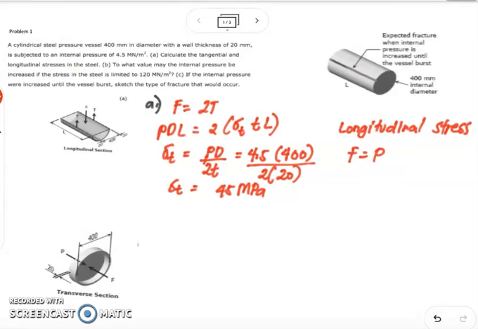And of course, if we substitute the value for F, which is 1/4 times pi D squared times the internal pressure, it is equal to the longitudinal stress multiplied by pi times the diameter times the thickness.